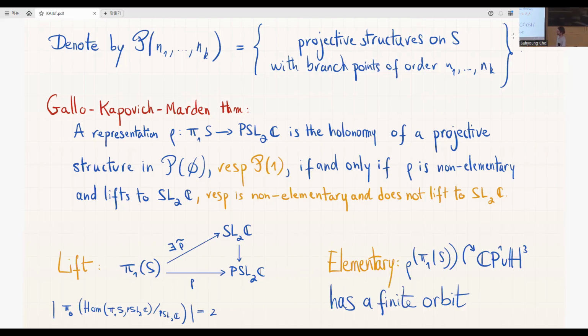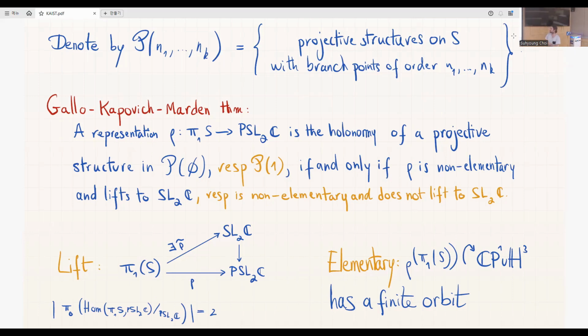So as you can guess, lift means that for rho to lift, you have a rho tilde that goes into SL2 of C, such that rho is the composition of rho tilde and projection. It's actually, I mean, the representations that lift form a connected component of this space of representations, and the ones that do not lift form the other connected component. And elementary means that the action of the image of rho on CP1 or on H3 has a finite orbit.